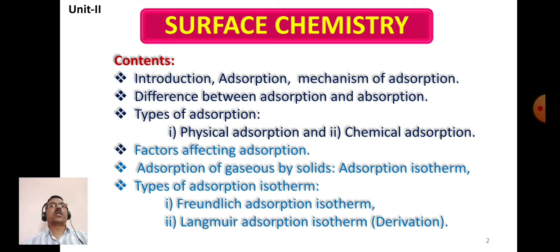Those points are: factors affecting adsorption, adsorption of gases by solids, adsorption isotherm, types of adsorption isotherm. In that section we have to study Freundlich adsorption isotherm and Langmuir adsorption isotherm.